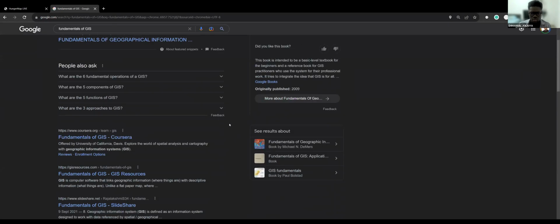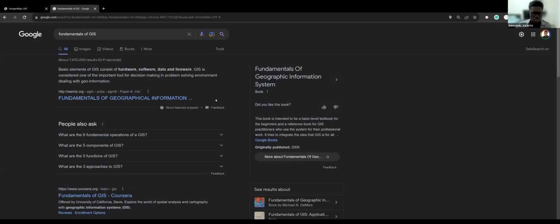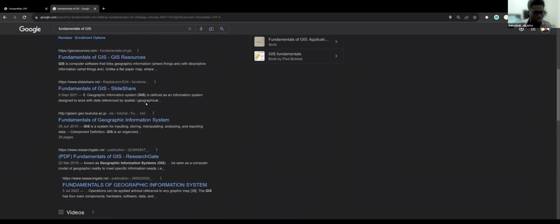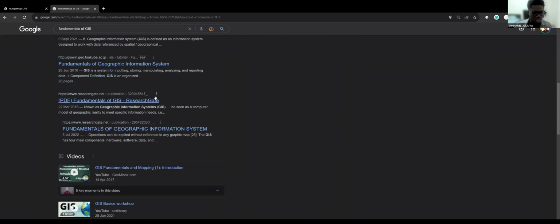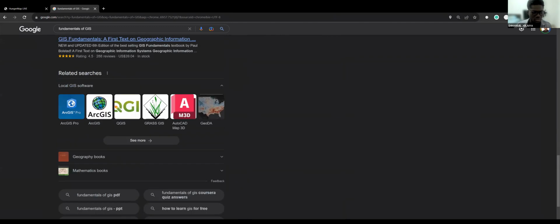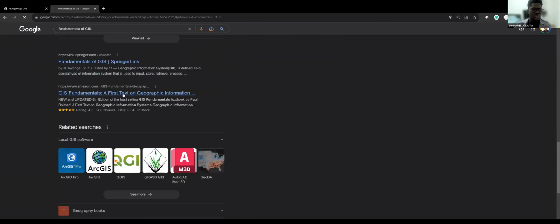There are different books where you can learn GIS. You see different free books. Yeah, this is the one I recommend.